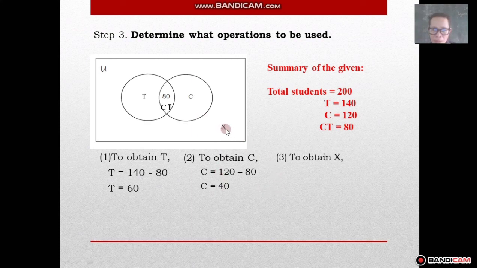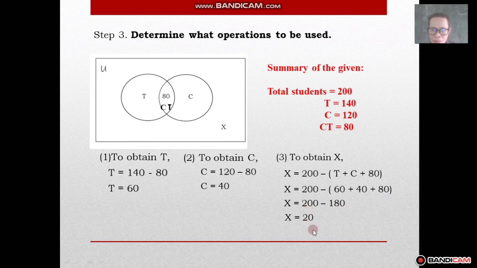Then, to obtain X, X is equal to 200, the overall total, subtracted by the total of these three, T plus C plus 80. By substitution, then simplify, the sum is 180. Subtracted from 200, the difference is 20. There are only 20 students who do not like both tea and coffee.